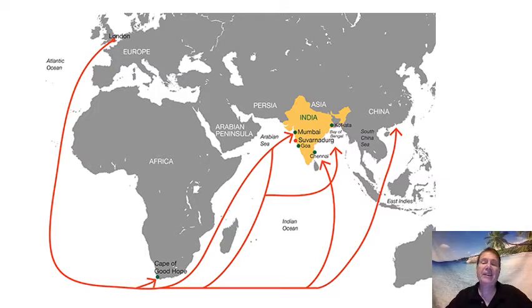And in this case, some of the British colonies in India grew and transported tea to Britain. The British became great tea drinkers, and the British Americans were also great tea drinkers as well.